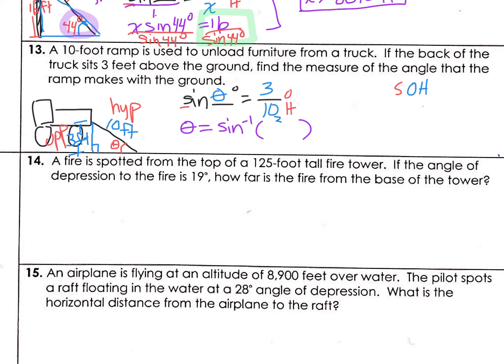So the 3/10 goes in here, and then this is what you are putting into your calculator. Remember, to get that inverse sine, you have to use the second function key. So second sine, and then 3 divided by 10, and then enter. And so our answer is theta is approximately equal to 17.5 degrees. So that is the angle that the ramp makes with the ground. All right.